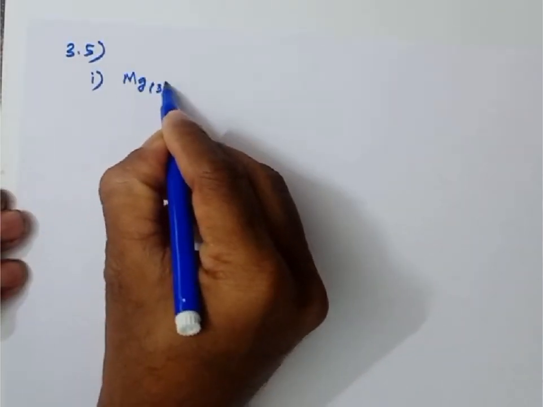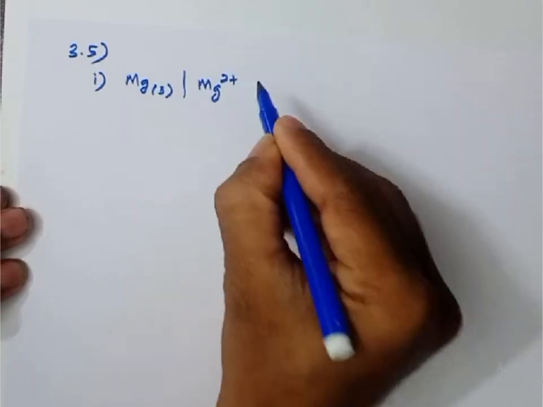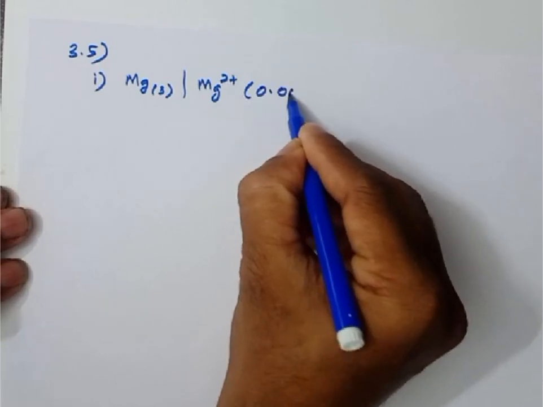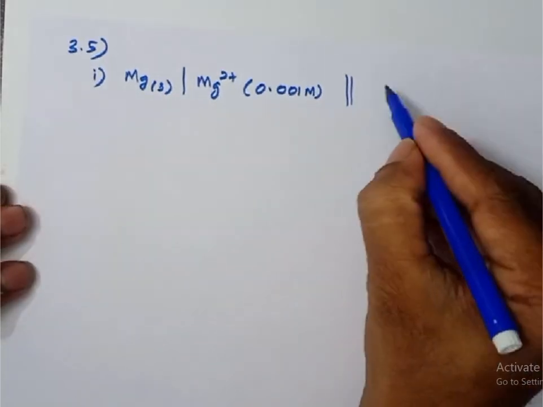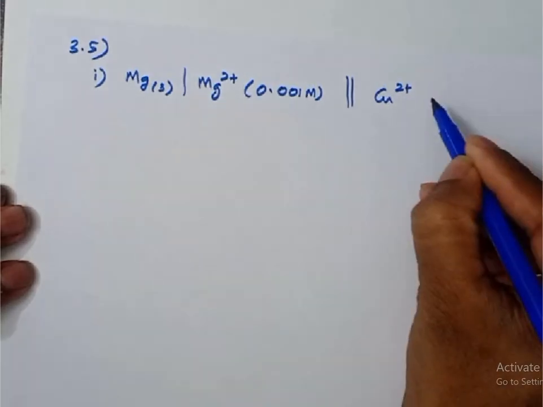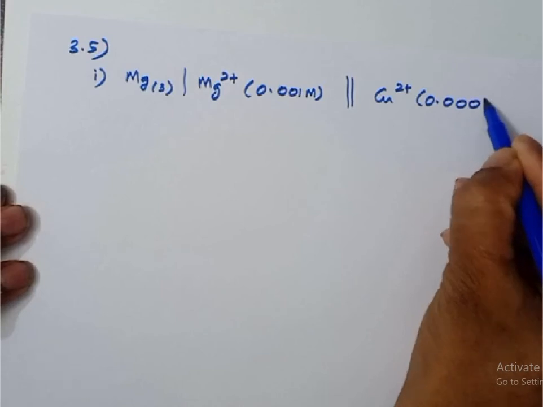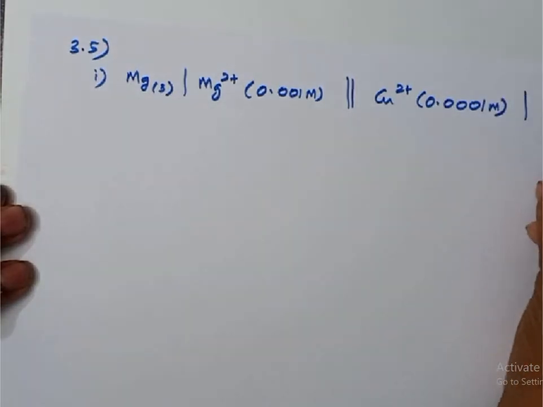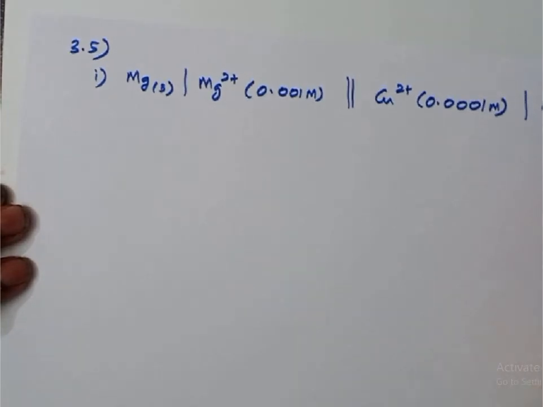Magnesium solid immersed in magnesium ion solution of concentration 0.001 molarity, salt bridge, then cupric ion solution of concentration 0.0001 molarity, a copper rod is immersed. Okay, this is the question given.